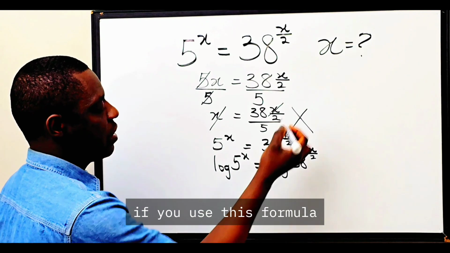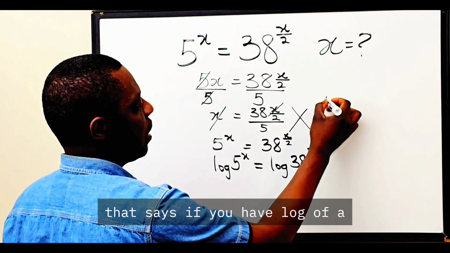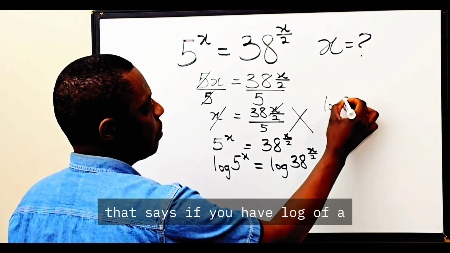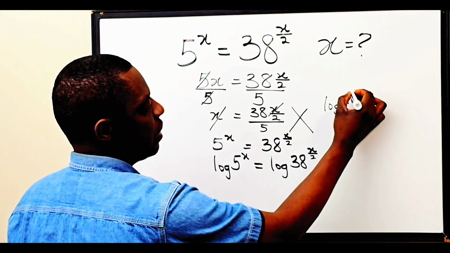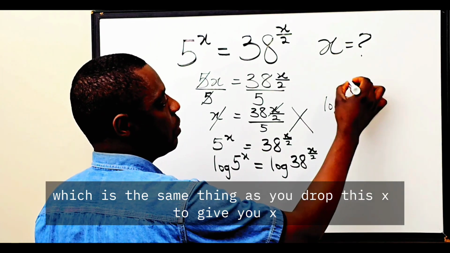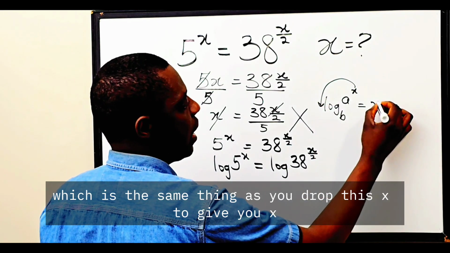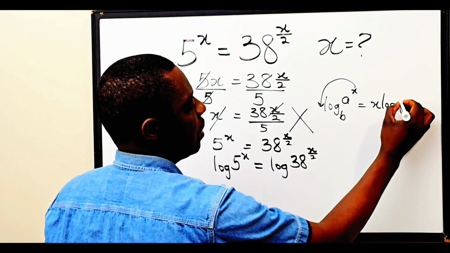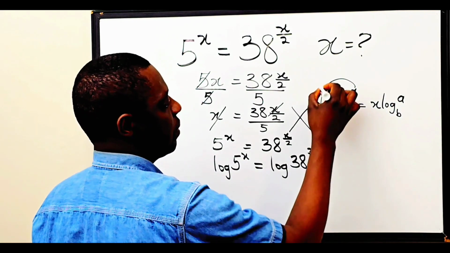If you use this formula that says if you have log of a base b raised to the power x, which is the same thing as you drop this x to give you x log a base b.